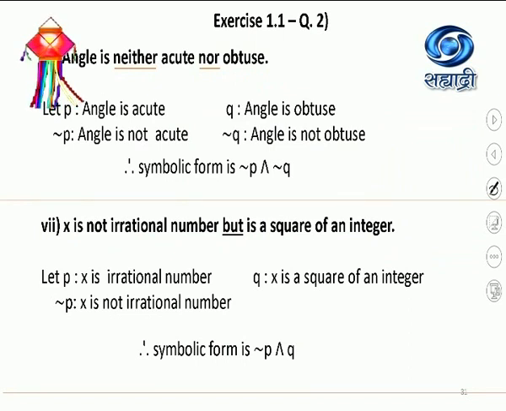So first I have written the positive statement, then write its negation. For the second, we took the negation, and then combine the two negations with the conjunction sign. Similarly, for this statement, x is not, so write it as a positive statement, then its negation. The second is already positive, so its symbolic form will be negation P and Q.